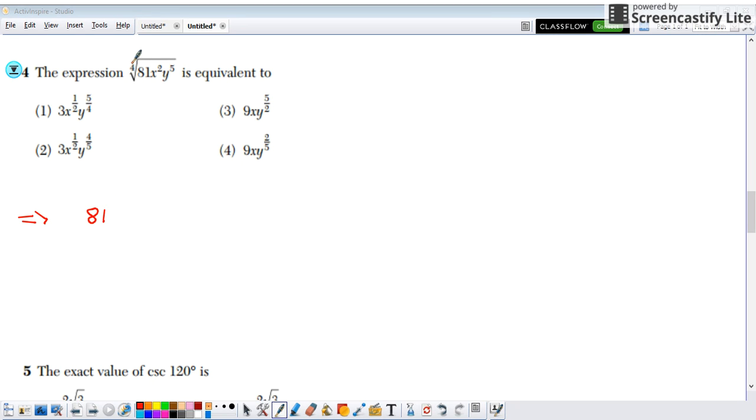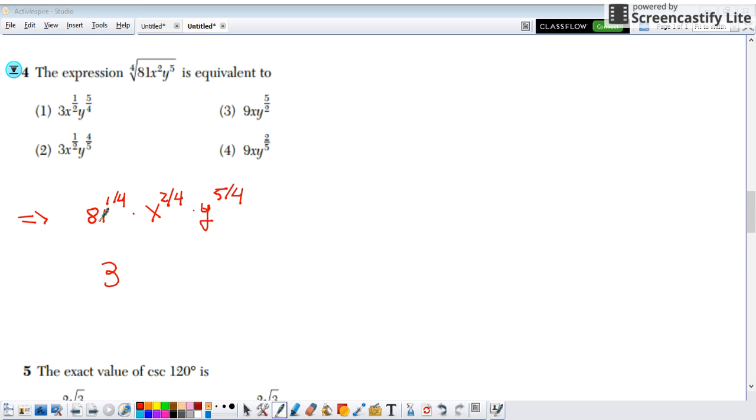Since we have a root of 4, we can rewrite everything on the inside with the exponent 1 over 4, x to the 2 over 4 times y to the 5 over 4. Now, 81 to the exponent of 1/4, that is equal to 3.